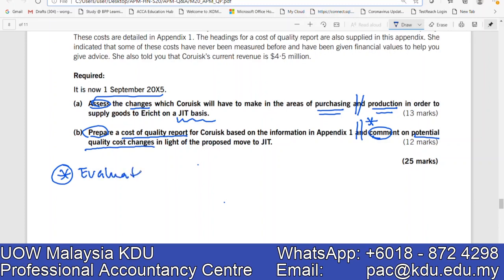The other way your examiner liked to phrase this requirement is starting with this word, evaluate. Anyone want to try? Especially those who have taken this exam before and have tried a lot of past test papers of APM.